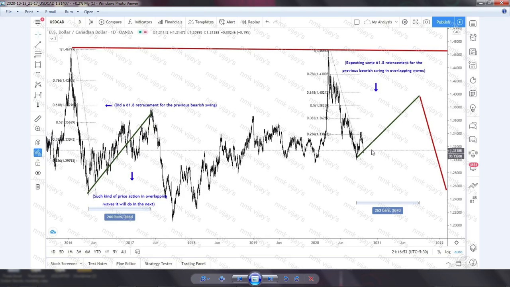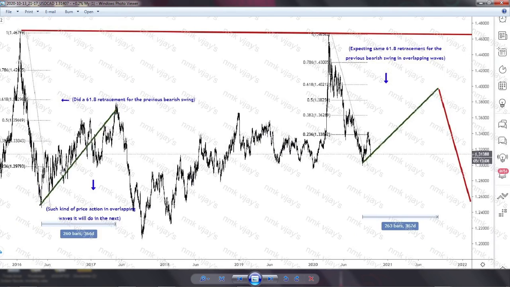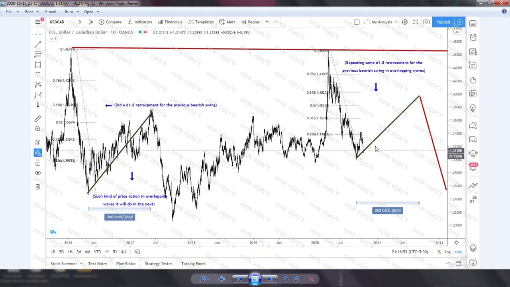Don't trade unnecessarily, entering here and exiting, entering here. But if you know the wave formation, this price action that is happening here may happen here also and then again fall. This wave wouldn't be very easy for achieving the target. So that is why I have explained here.